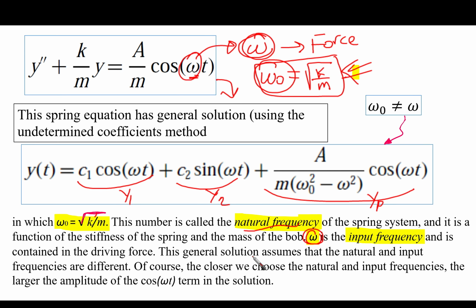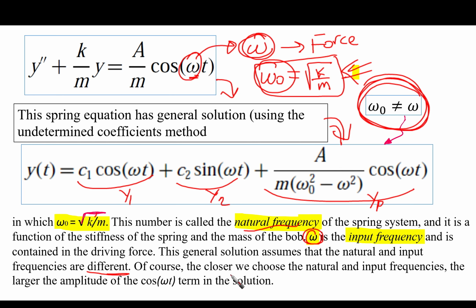This general solution assumes that the natural and input frequencies are different, because we are going to study the case where they are the same, and in this particular case resonance will occur, okay.